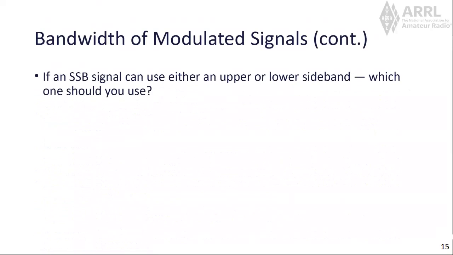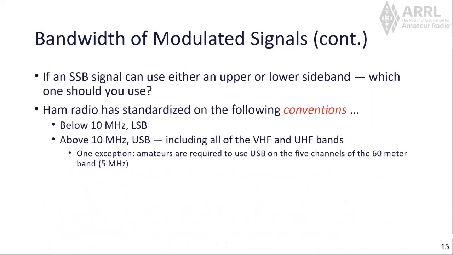Okay. If a single sideband signal can use either upper or lower sideband, which one should you use? Okay, ham radio has standardized on the following conventions. Below 10 megahertz, you use lower sideband.